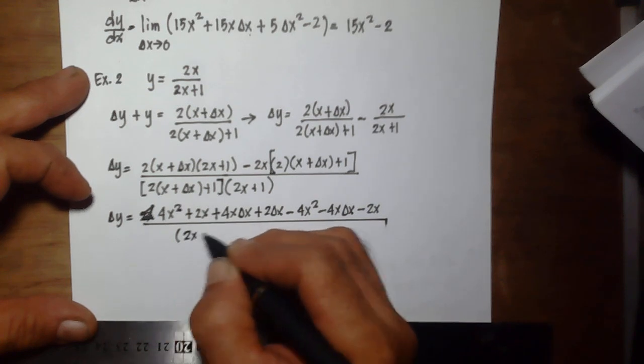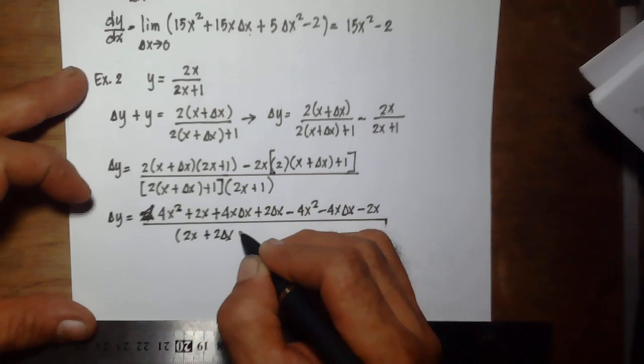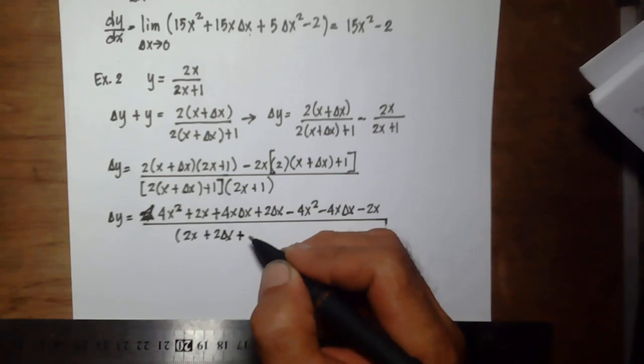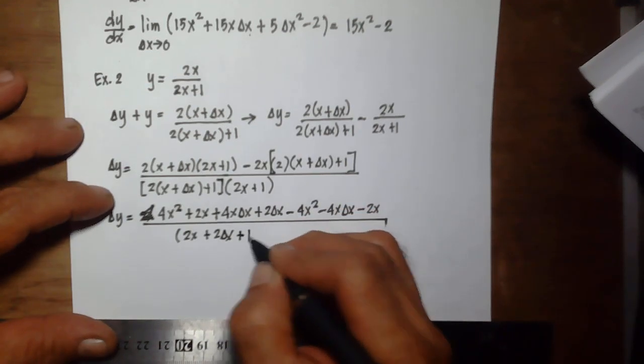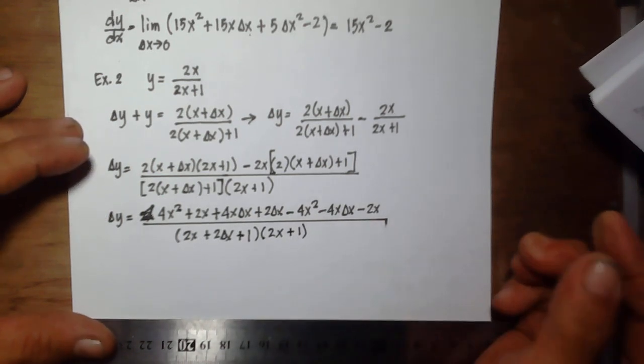We have 2x plus 2 delta x plus 1 times 2x plus 1.